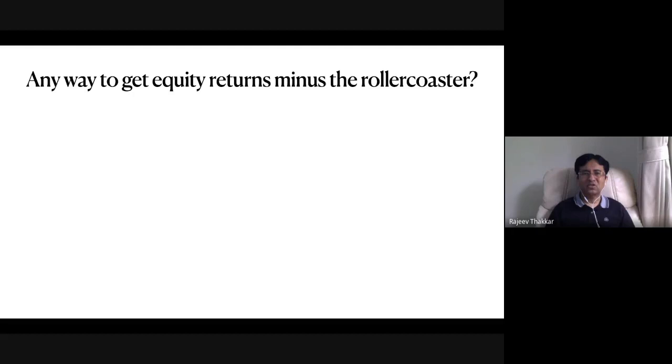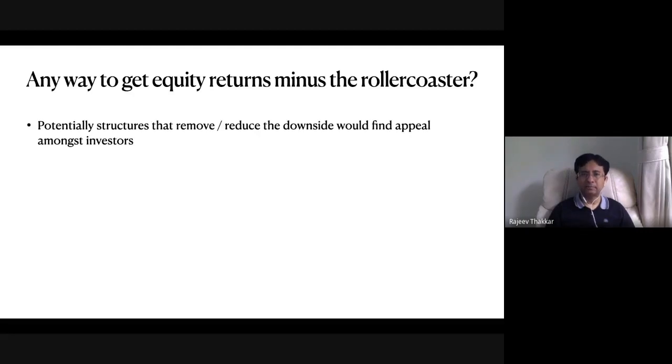The other question that arises is, is there any way to reduce the volatility of equity returns? And the answer is maybe. The answer is probably yes. So there should be potential structures which would reduce the downside for equity investors.